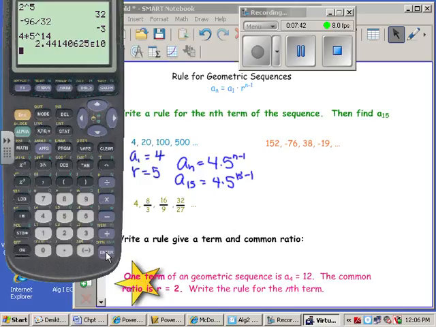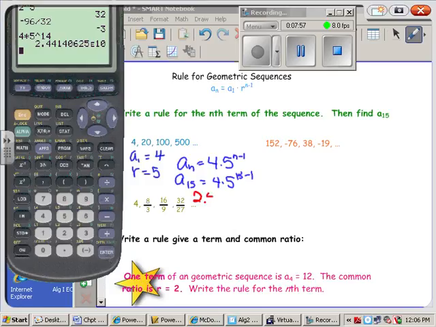Raising 5 to the 14th power gives a huge number, so the calculator gives the answer in scientific notation. The answer would be 2.44 times 10 to the 10th. I got that from e to the 10, which is scientific notation for 10 to the 10th. So it's 2.44 times 10 to the 10th.